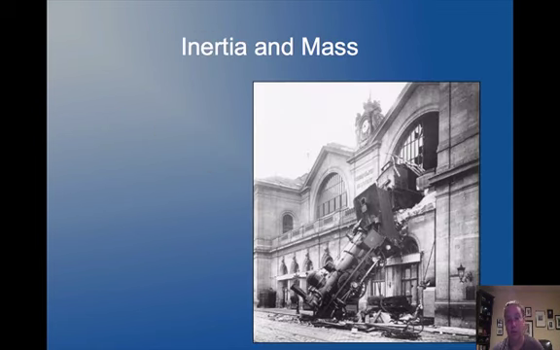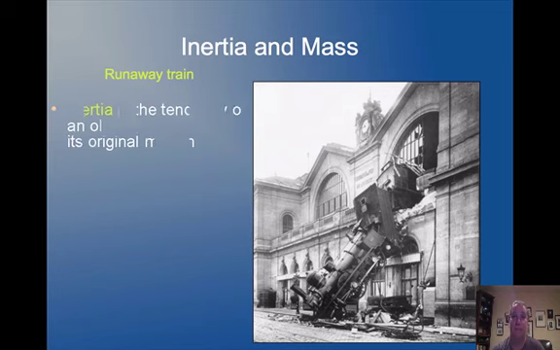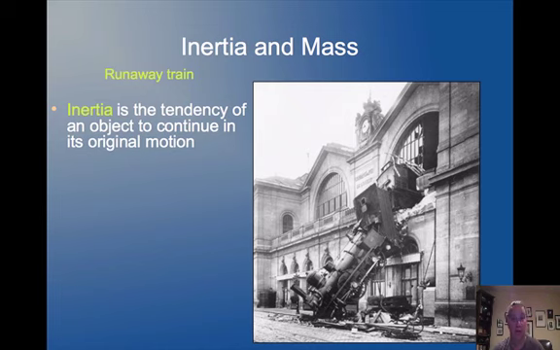Here's an extreme inertial state. That is, that train was in motion and there was not enough external force to keep it from its motion. That is, until it went through the window and smashed to the ground. It had a lot of inertia, so their tendency to do this is inertia. The fact that an object wants to keep its motion, the state that it's in, is its inertial state.